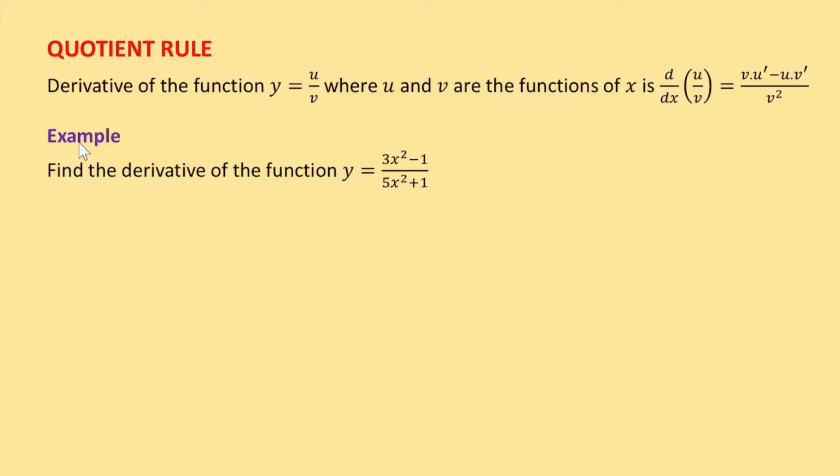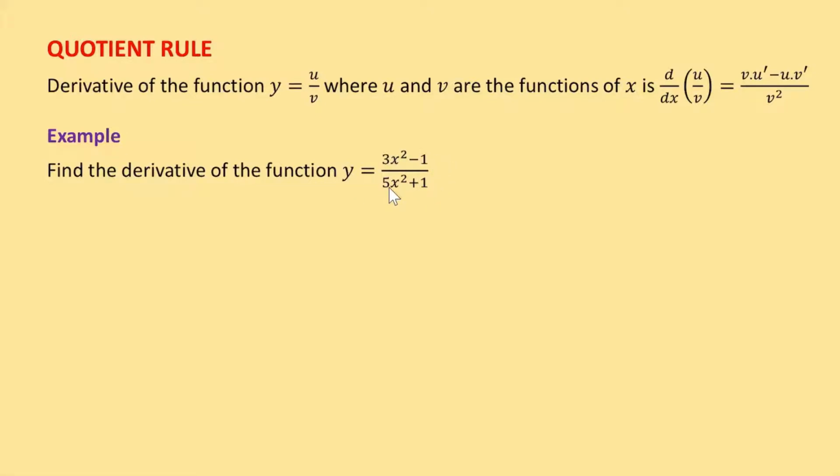Let's take an example. Here we have an example. Find the derivative of the function y equal to 3x squared minus 1 over 5x squared plus 1. So we can clearly see in this quotient, in the numerator, we have 3x squared minus 1, which is u.